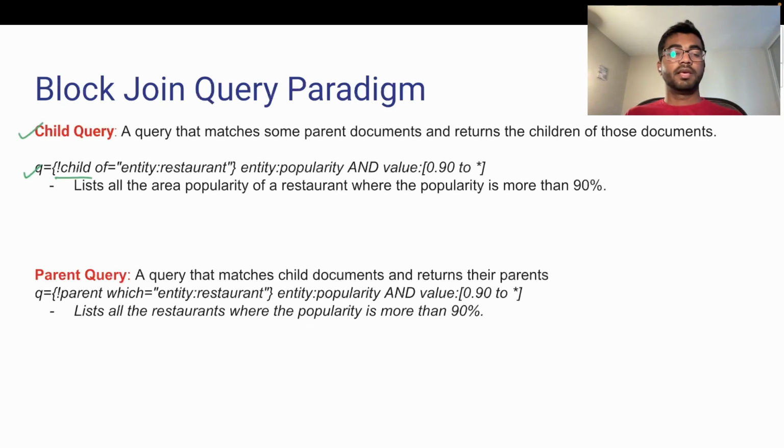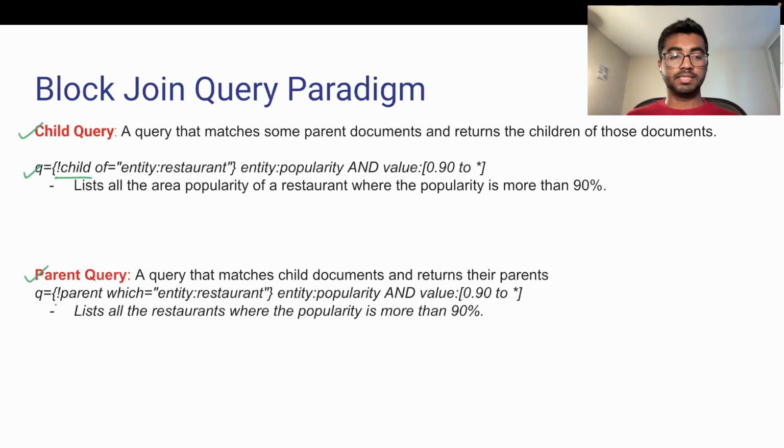The second type that it provides is a parent query, where based on the child documents, it returns their parents. In other words, I would say, give me the names of all of the restaurants where the popularity in this area is greater than 90%. That's exactly what it is doing.